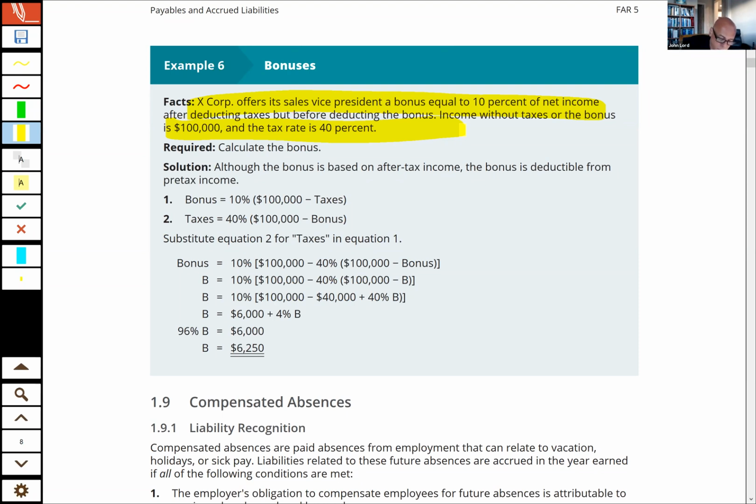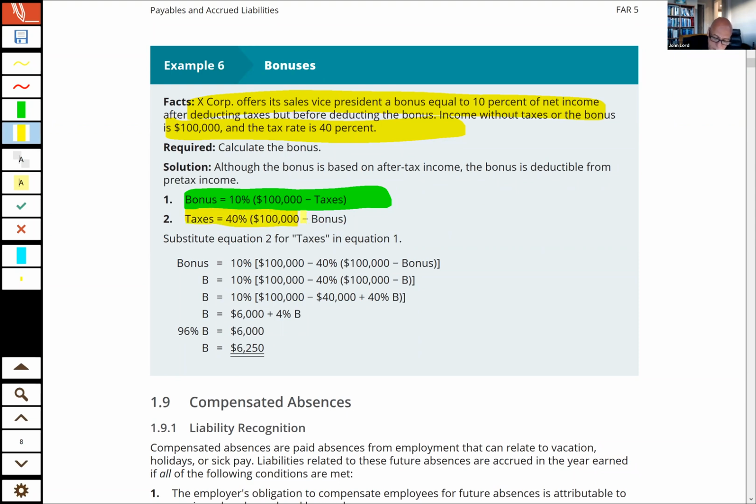So we sit here and we say, well, look, the bonus is equal to 10% times the $100,000 before taxes minus whatever the taxes are, because taxes are part of the calculation of the net income. The taxes are what?